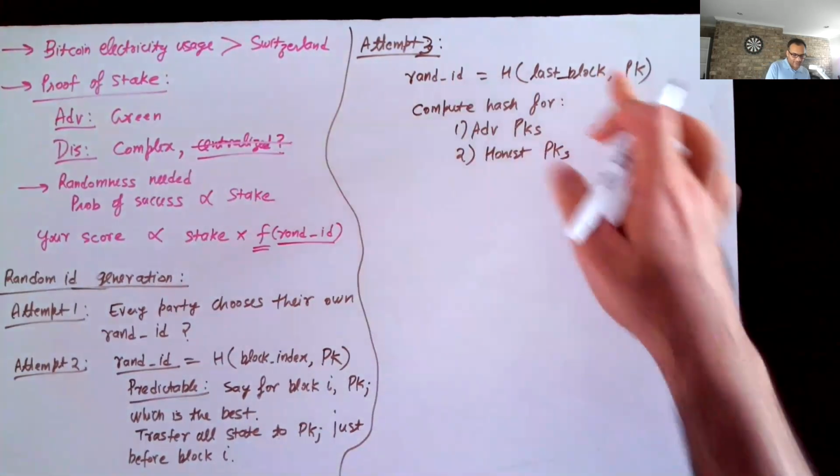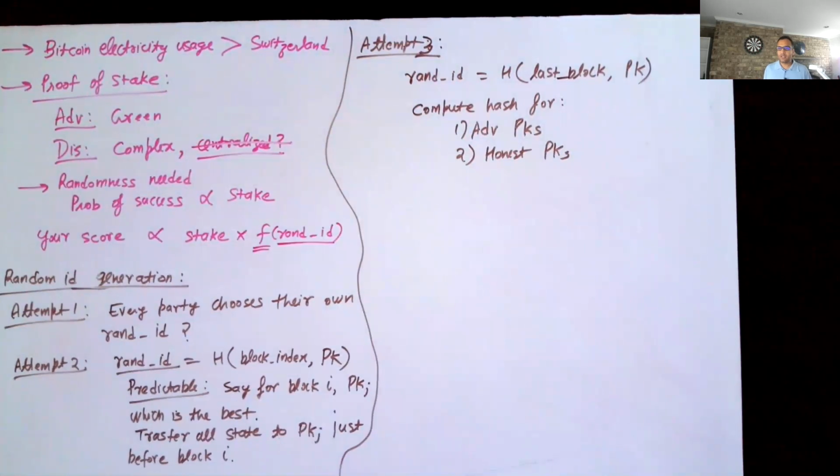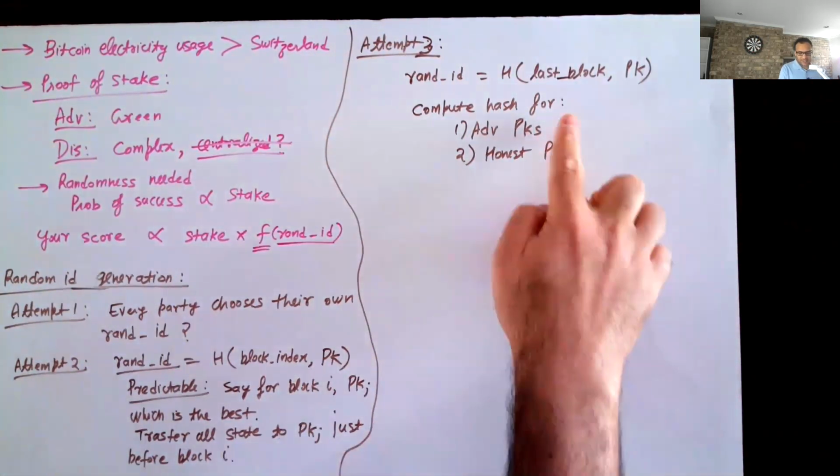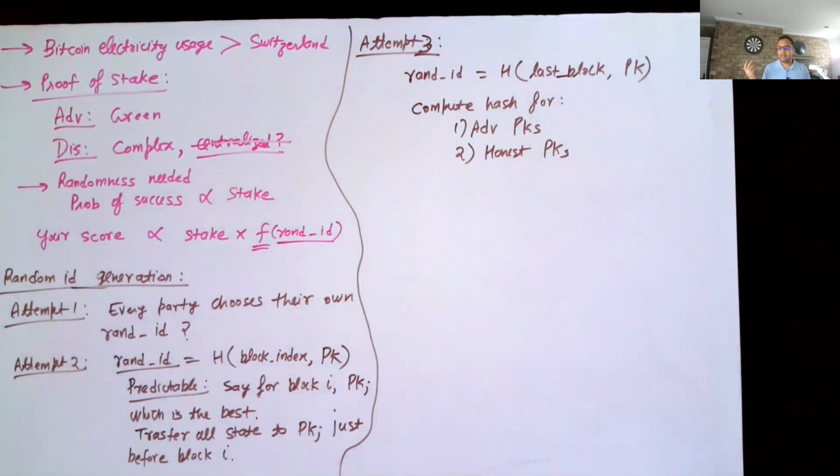If this block is favorable for the adversary public keys, you keep it. Otherwise, you try with a different block. And in fact, even here, you can generate millions of different adversary public keys and make sure you transfer your stake.